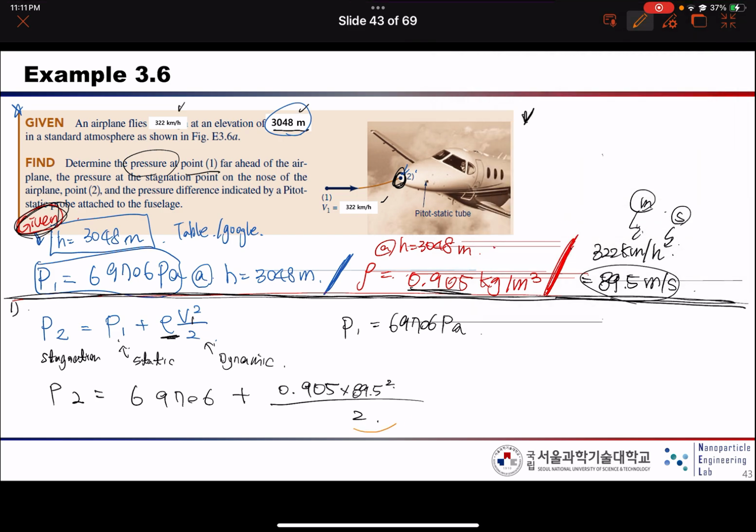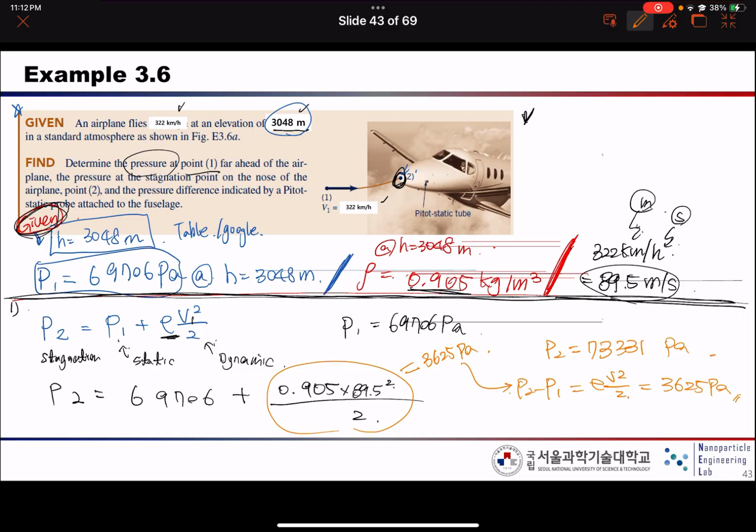If you calculate, this part is 3625 Pascal, so P2 represents 73331 Pascal. P2 minus P1 should be the dynamic pressure, 3625 Pascal, which is the same as this value.